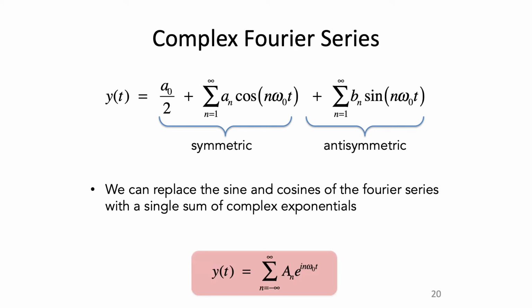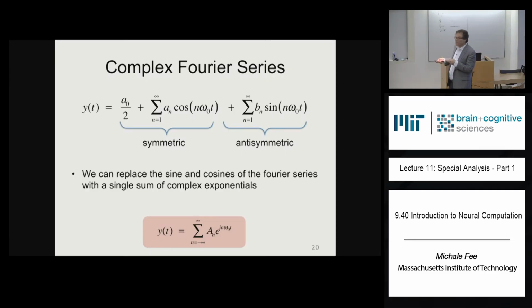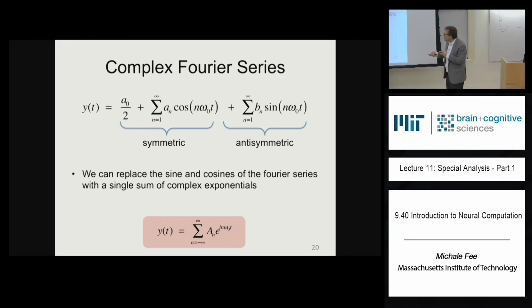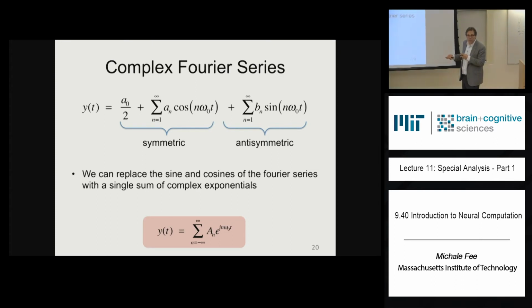Remember what we're doing here. We're finding a new way of writing down functions. What's really interesting about this is that we have an arbitrary function y, and we're writing it down with just some numbers, a sub n.